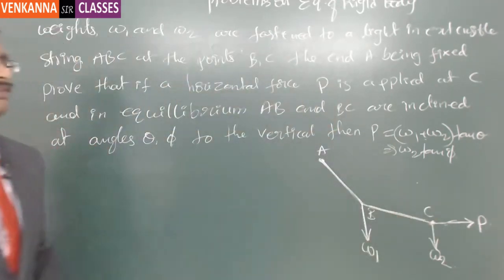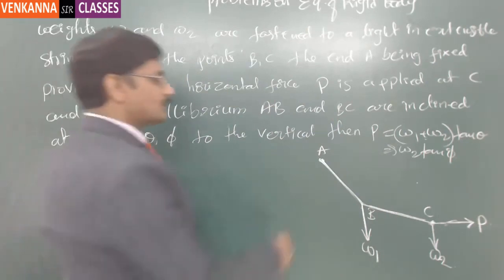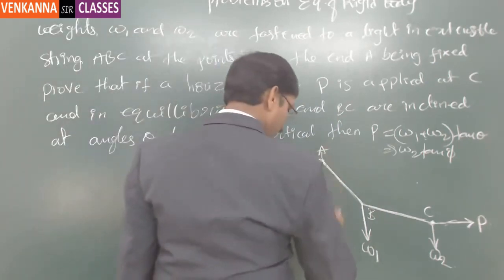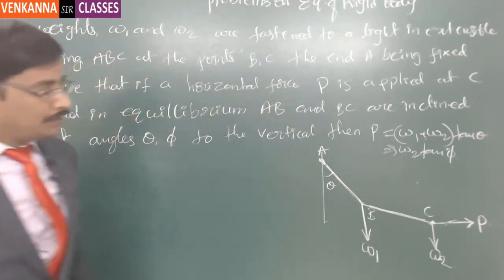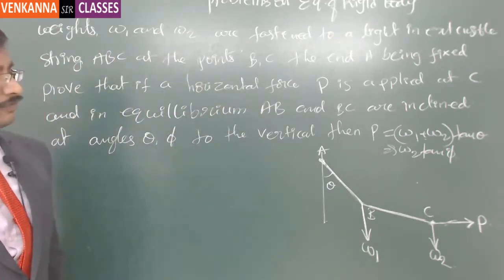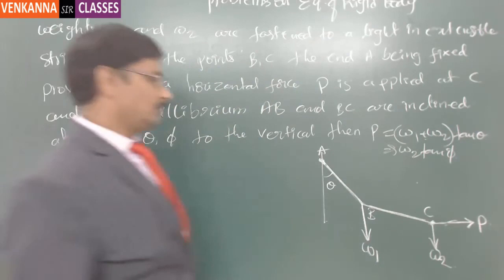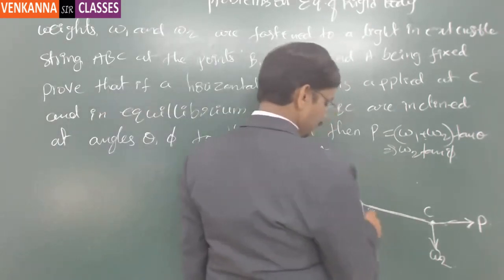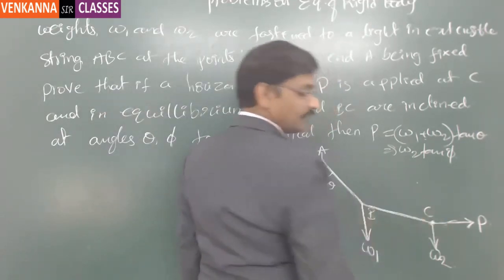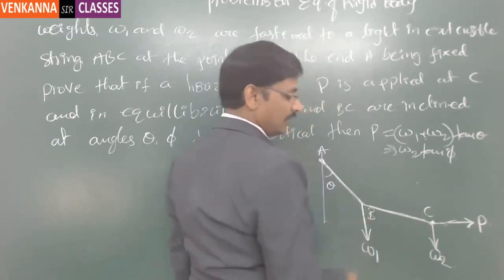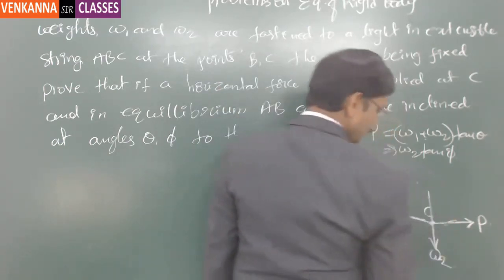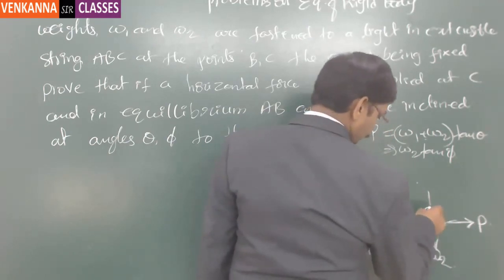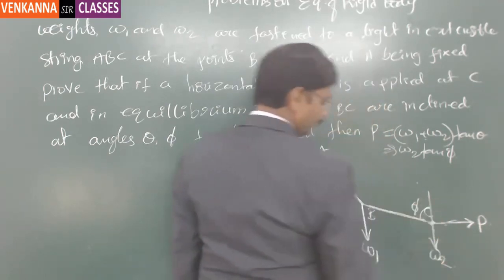Under equilibrium condition, AB is making an angle of theta with the vertical. So this angle is theta. And BC is also making an angle of phi with the vertical. Suppose this is BC, and this BC is making an angle with the vertical. If I draw a line like this, then this one is phi.